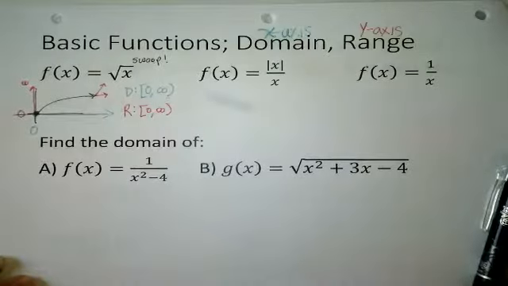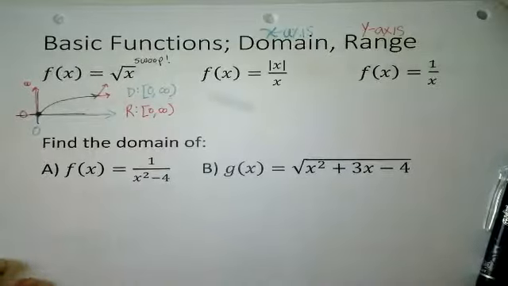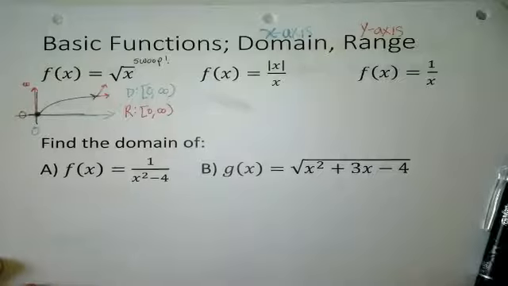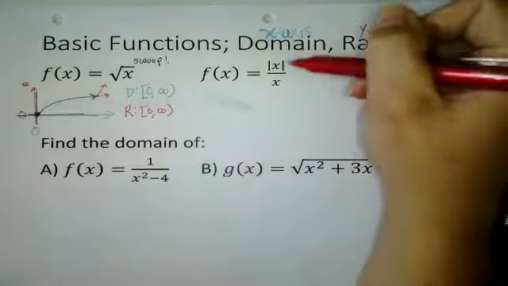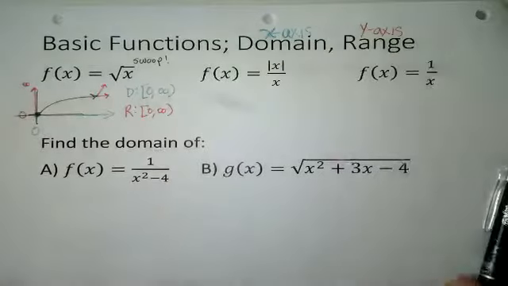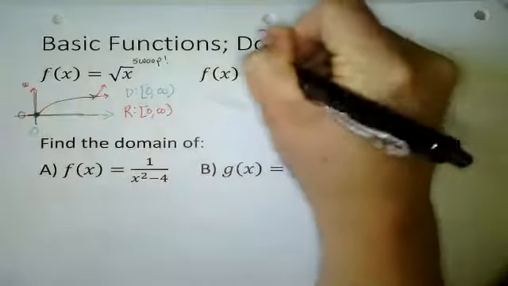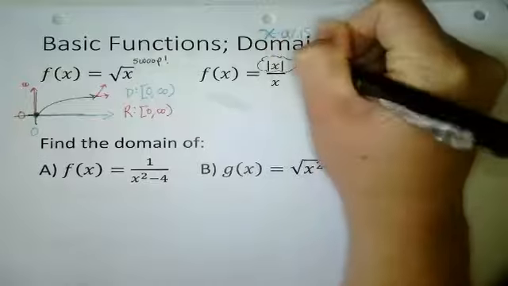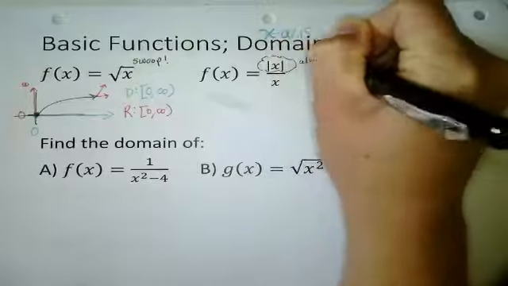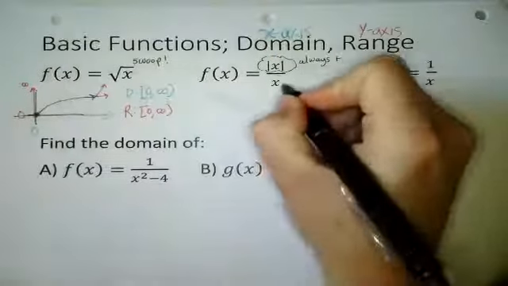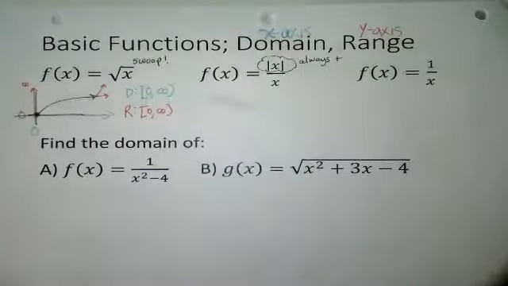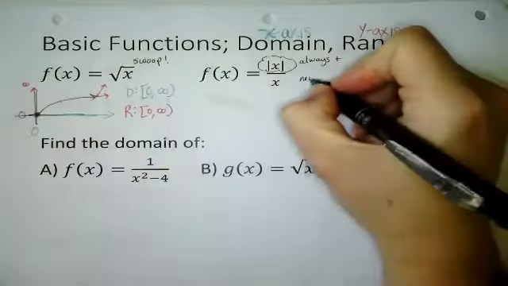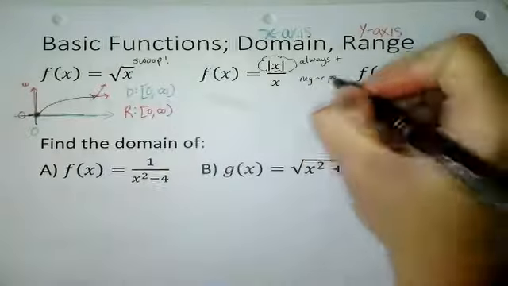This graph is one I introduced on the first day, and I'm just refreshing your brain. I want you to remember that we have absolute value here. And so what that means is that this numerator is going to be always positive. But this denominator, depending on what your x value is, might be negative or positive.